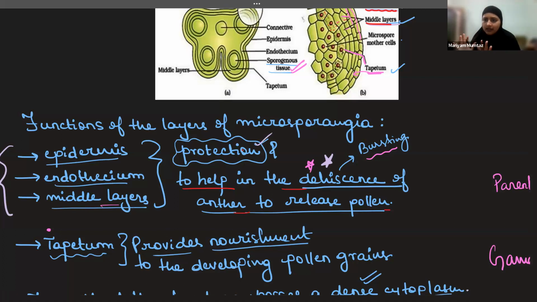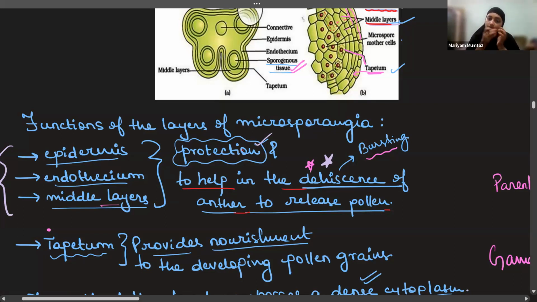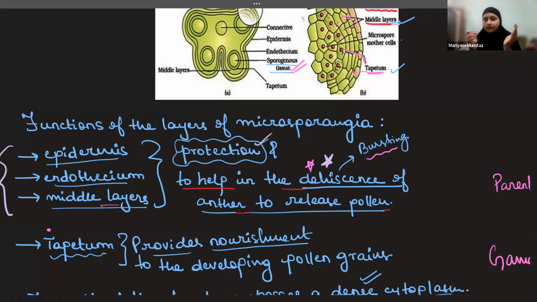They're very different, of course, they are plants. So there are many intelligent mechanisms in plants. If we want one pollen to go to another flower, we burst it, and with the energy of that bursting it is spread everywhere so that it will reach the plants. So the first 3 layers have these 2 functions: protection and help in the dehiscence.